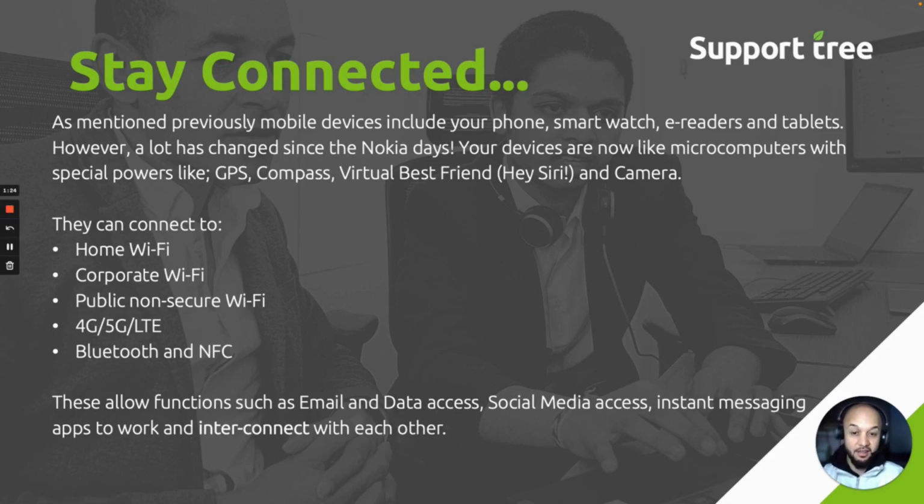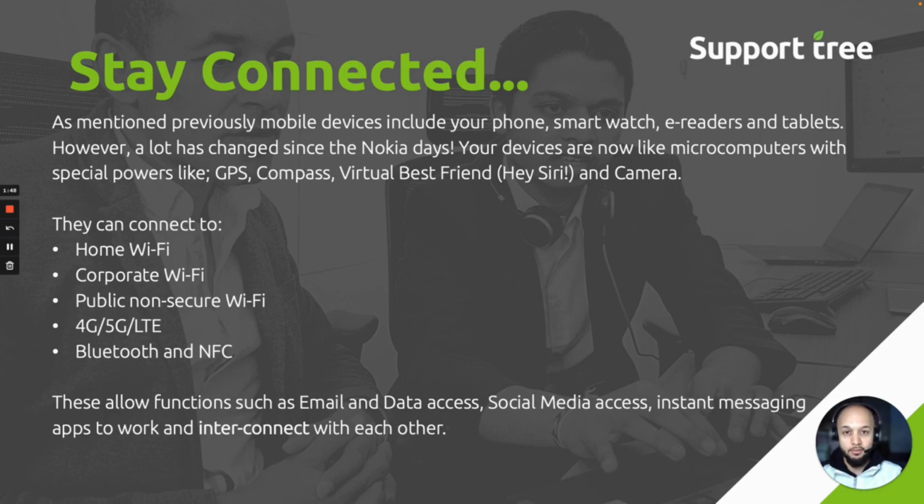Your devices are like small micro computers with special powers, such as GPS, compass, your virtual best friend, Siri, maybe, and your camera. They can connect to various types of Wi-Fi networks, such as your home, your corporate, and also public non-secure Wi-Fi.